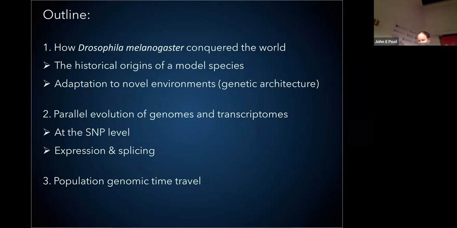And at the very end, I'll tell you about some studies that we've recently started to leverage time samples, either from fly strains alive in the lab today or little fruit flies in a museum drawer, and to leverage these temporal samples to get even potentially clearer inferences about how natural selection has acted in the genome of this model species.